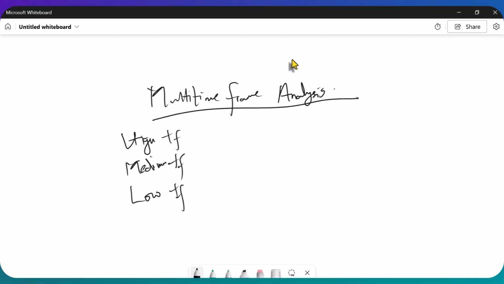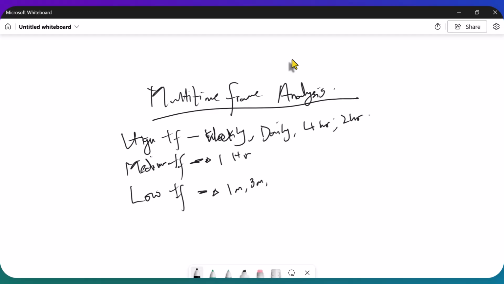Now, this is the rule of thumb. Use higher time frames, which is usually the weekly, the monthly, the yearly, but that's if you're a swing trader. The weekly, the daily, the 4 hour, and probably the 2 hour. Then the mid time frame, which is the 1 hour, and then the low time frame, 1 minute, 3 minutes, 5 minutes, 15 minutes.